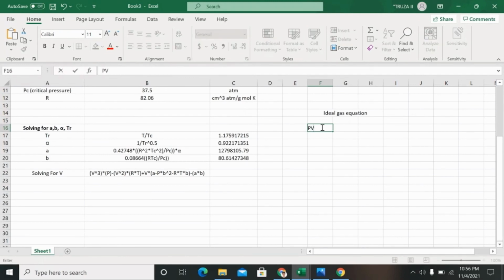which is PV is equal to RT, right? To solve for V, we just manipulate the equation, which is V is equal to RT over P, right?